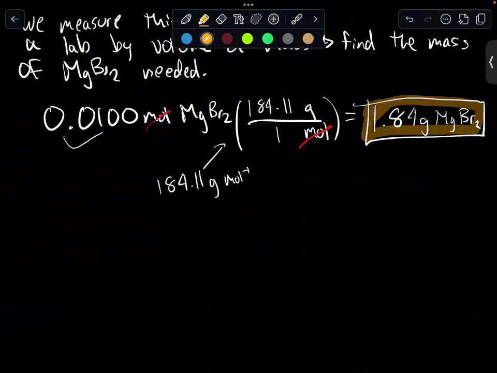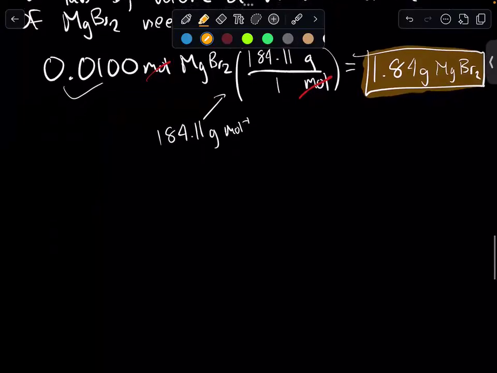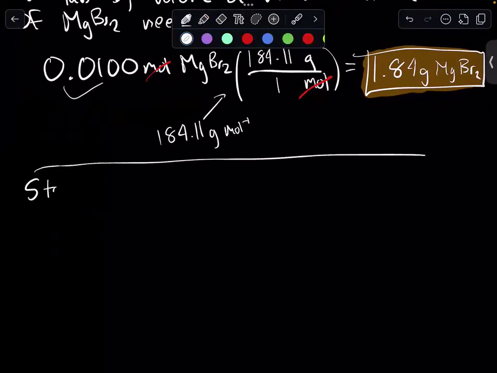This is definitely something you should practice. We'll do a lot more of it in your classes as well as over the course of other examples in this text. But that is molar concentration done. We're going to go over to our added bonus of standard solutions.